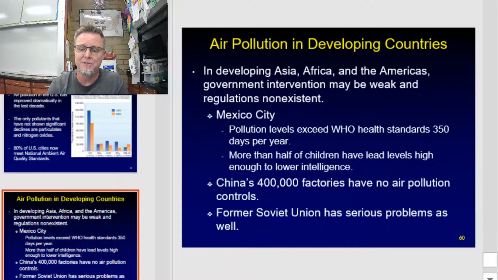More than half the children born in Mexico City have lead levels high enough to lower intelligence. The incidences of asthma are off the charts. China's 400,000 factories have no air pollution controls, and the former Soviet Union has serious problems as well.